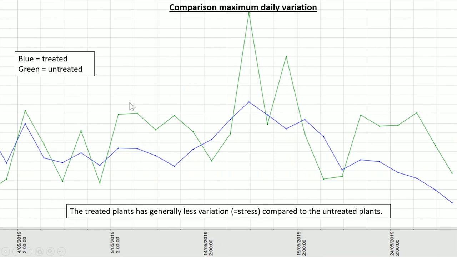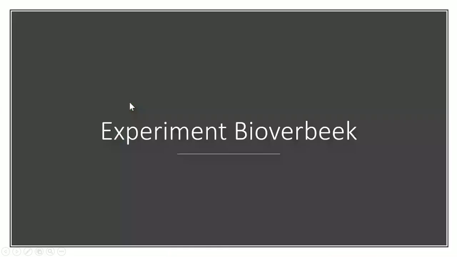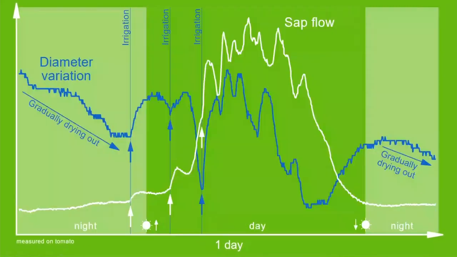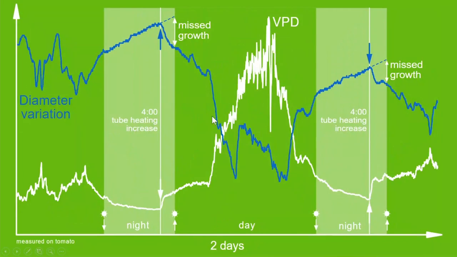If we go to the next graph, we've not said it before, but variation. The difference between the highest point, so here, and the lowest point here, this is the variation, between midnight and midnight. Variation is a signal for stress. As VPD, they always like to say, the VPD is an indicator for stress.